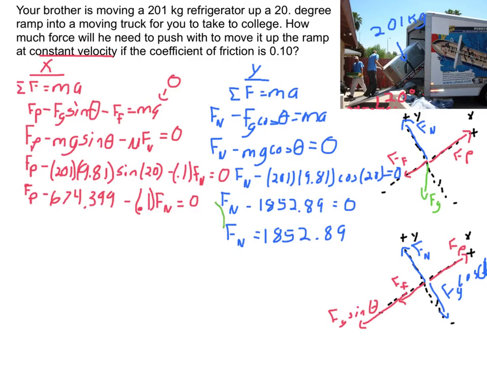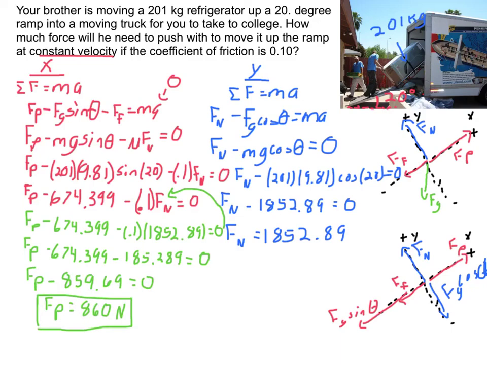Now I can substitute that in for normal force. Now it's just a touch of algebra. After I work all that algebra down, plugging in and multiplying these two, these are both negatives, so they're added together, I come out with force of push equal to, with significant figures, 860 newtons needed to push that refrigerator up the ramp.